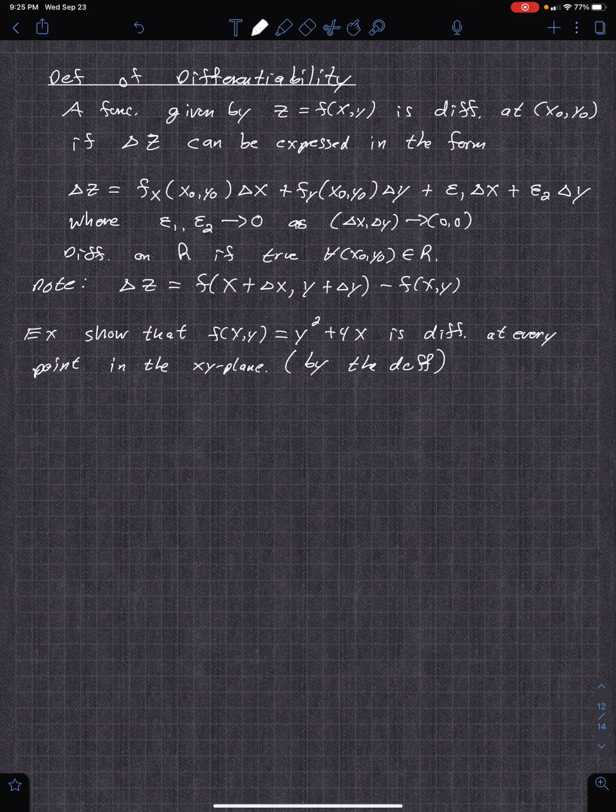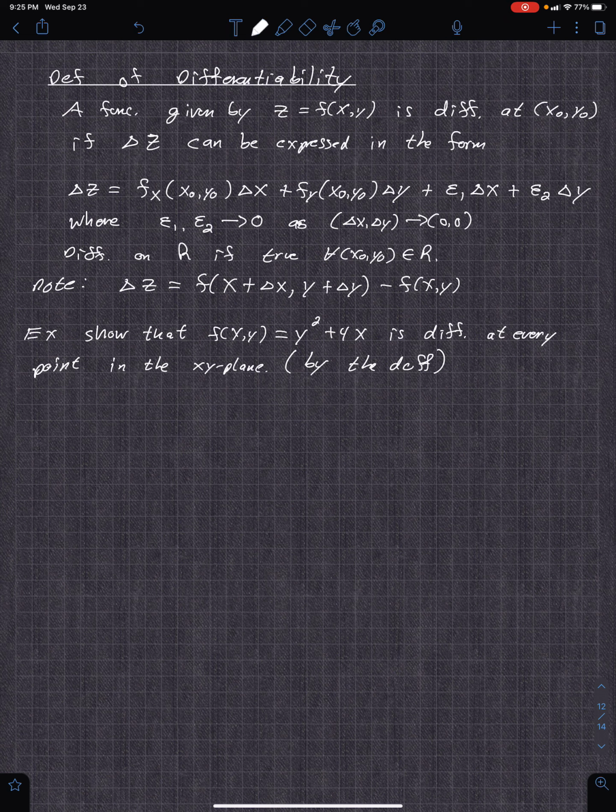So what you do is you start with your delta z like this and expand it out to this form and see if you can identify your partial fx, your partial fy, epsilon 1, epsilon 2, and you rearrange. So watch how this is done.